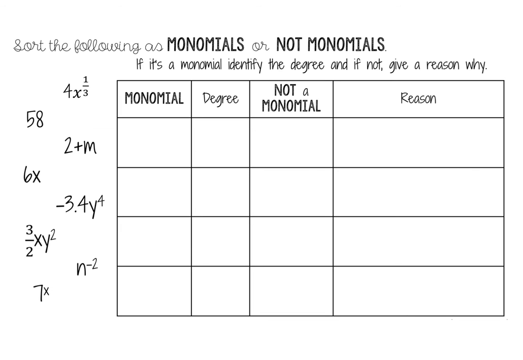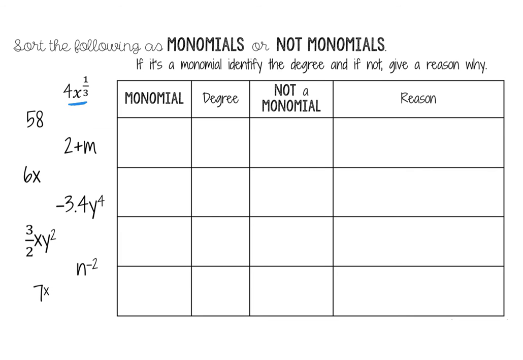We're going to start with this first one. One of the rules of a monomial is you cannot have a fractional exponent. While a monomial is a multiplication of a variable and a number, the variable has to have, not even integer, we have to have natural numbers.